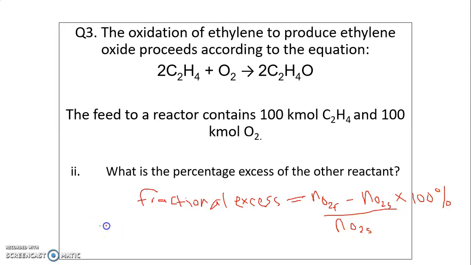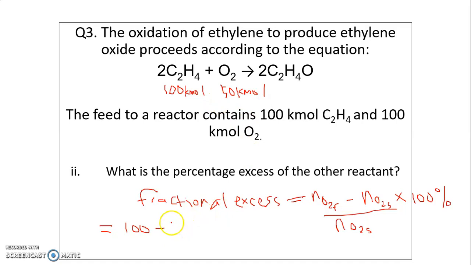So the feed is 100 kilomole, minus, okay, we know that we need to use 100 kilomole of C2H4, so in the reaction we need to have 50 kilomole of O2 based on the stoichiometry ratio.